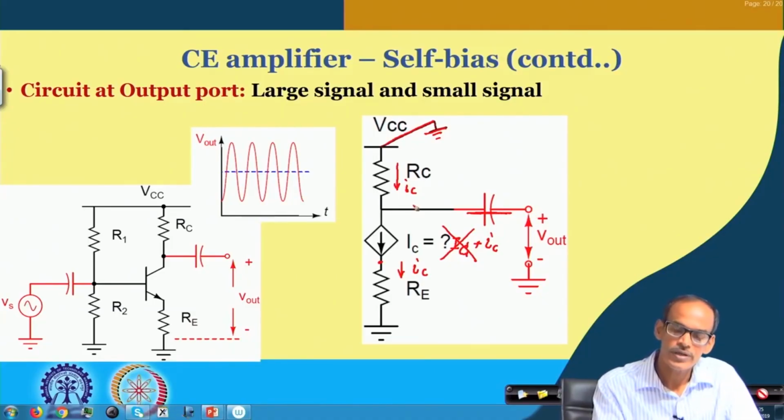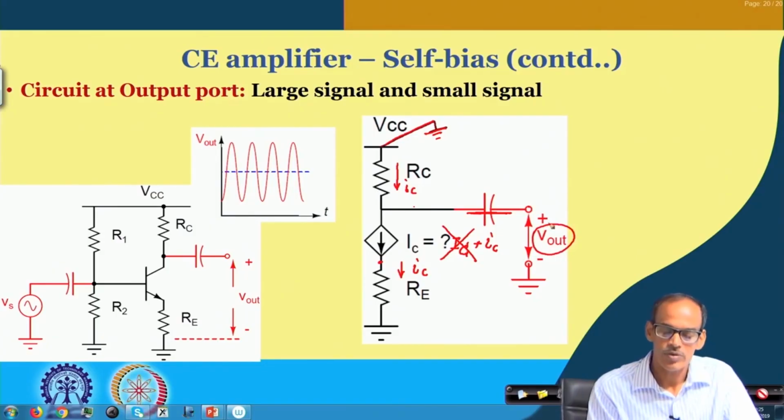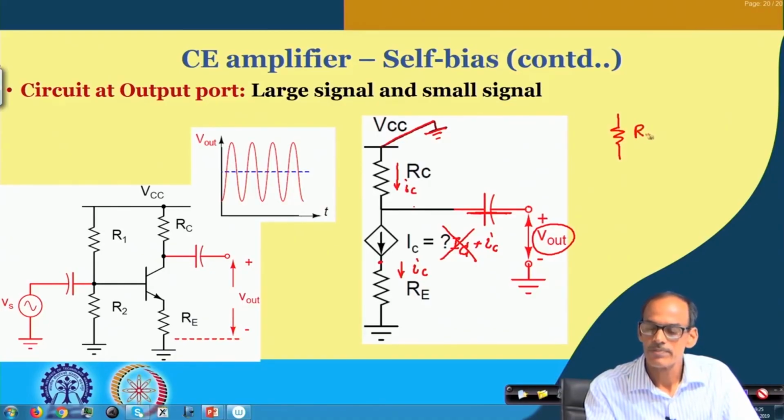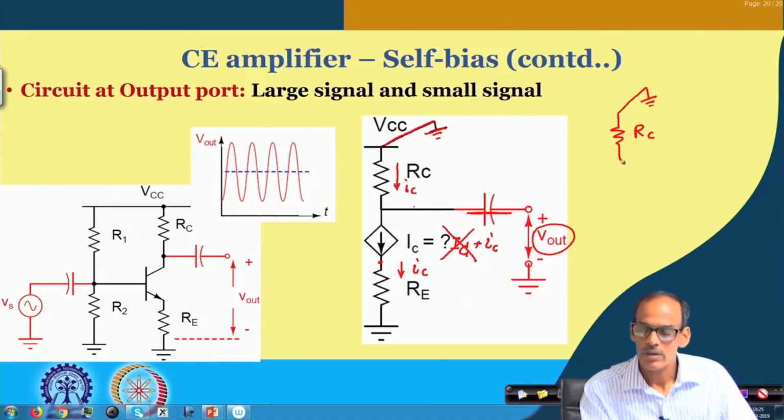Whatever small signal voltage you are getting will be called the small signal output voltage, while we are dropping this DC part. So, if I draw the small signal equivalent circuit, we have the RC connected to AC ground, and then we have the small signal current, small ic, and at the emitter we have the RE.